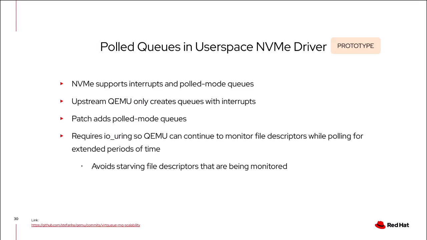One interesting thing about doing this, though, was that it requires changes to QEMU's event loop itself, because QEMU's event loop is really fundamentally designed for file descriptor monitoring. The adaptive polling has been added to it, but the whole premise is that we only poll for short amounts of time. Now, when we have a poll mode queue in the NVMe driver, we need to poll all the time. But if we poll all the time, we will be starving the file descriptors, right?